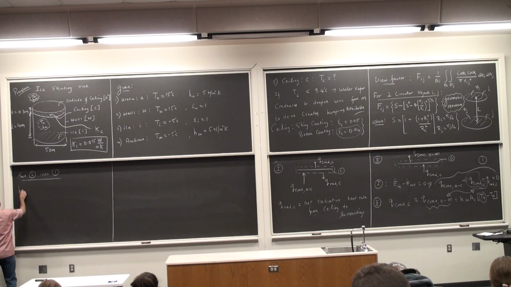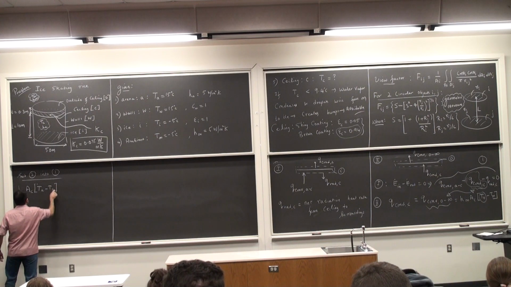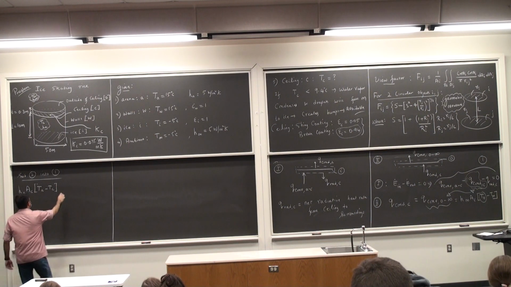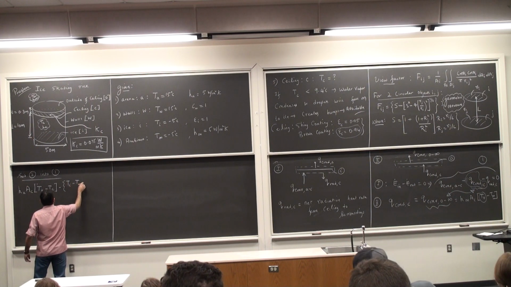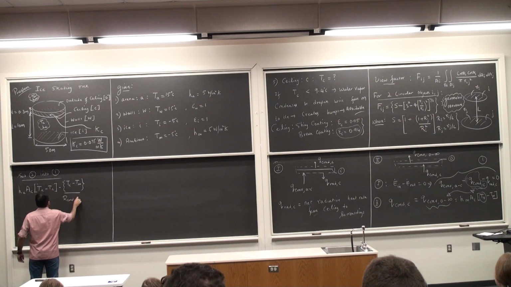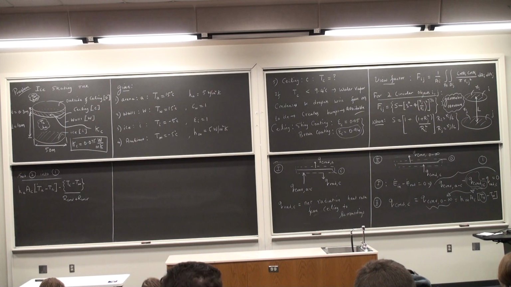So I have hA, area of the ceiling, times (TA minus TC). Then Q conduction, which we just wrote as (TC minus T infinity) by R conduction plus R convection, and watch this.